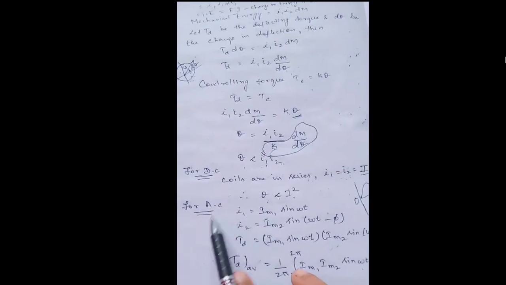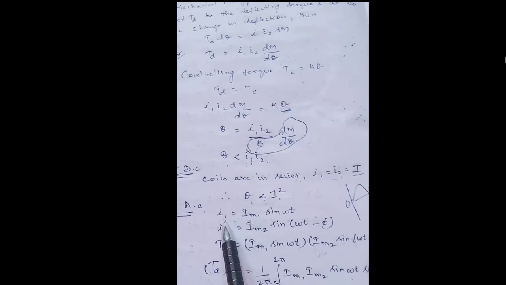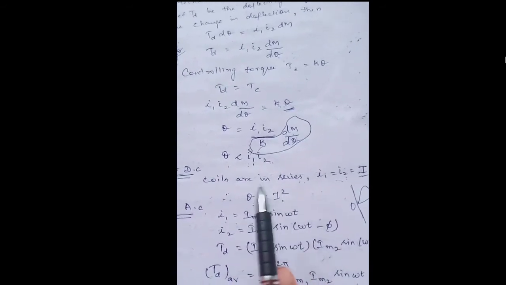Then if it is used for measuring the AC values of currents, we need to derive the torque equation. Here, since the two coils are connected in series, whatever current enters the fixed coil will be flowing through the moving coil also, but with a minute phase difference.